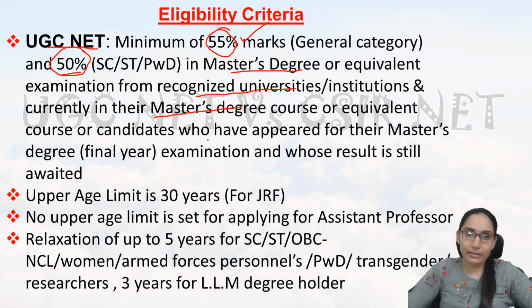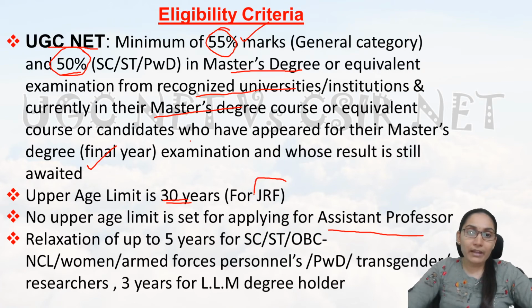and currently in a master's degree course or equivalent course, or candidates who have appeared for the master's degree final year examination and the result is awaited. Now the upper age limit is 30 years for JRF, and no upper age limit is set for applying for the post of assistant professor.